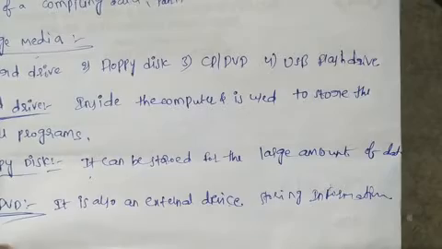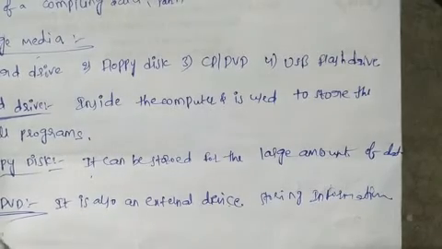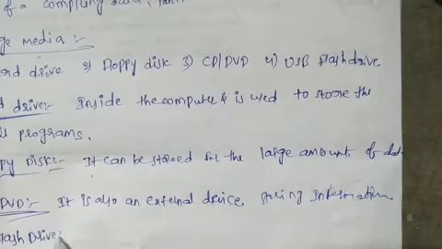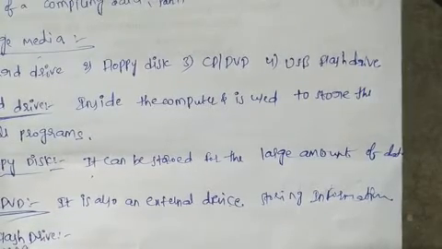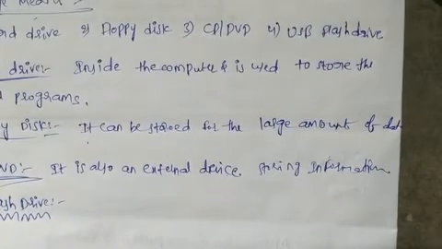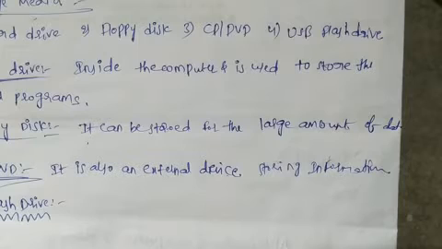And the fourth one is the USB flash drive. USB flash drive is comparatively smaller than other storage devices and can be used to store a good amount of data.